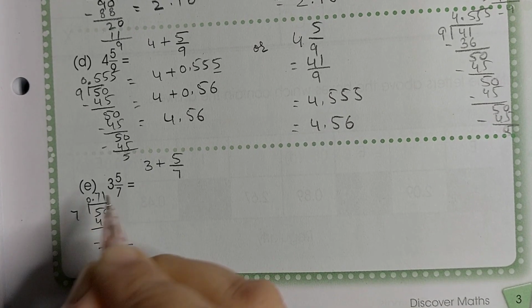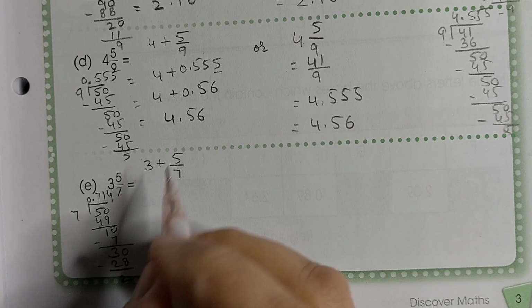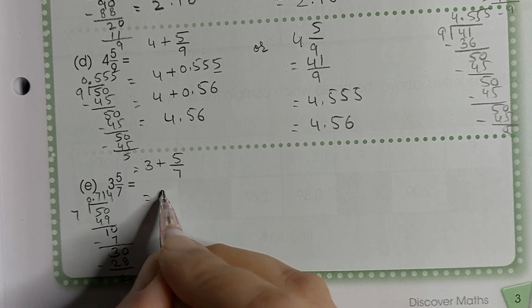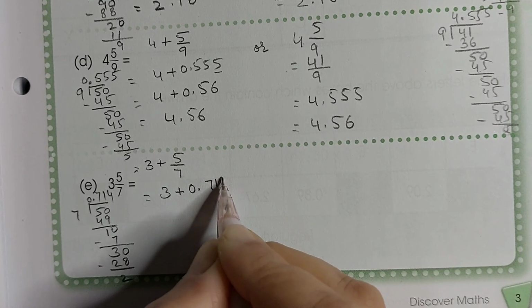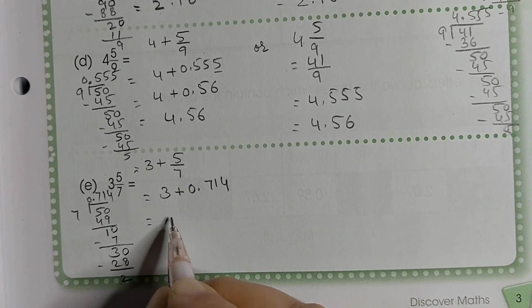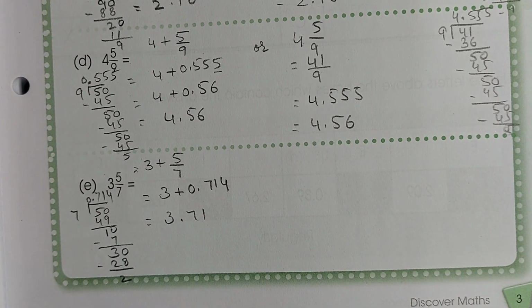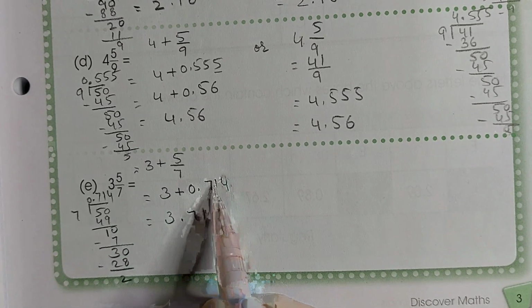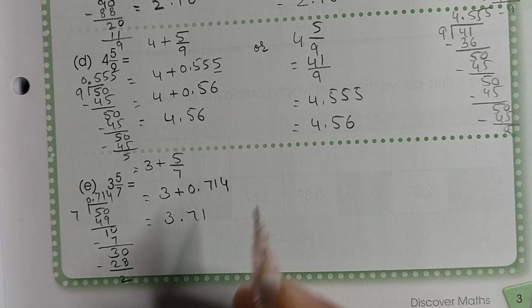We will add 0. 7 fours are 28. And then again 2. But we won't go further. We will get here 3 plus 0.714. So the answer will become 3.71. Because the last digit is smaller than 5, it will not increase the next number by 1. The same digit will come, it will become 3.71.